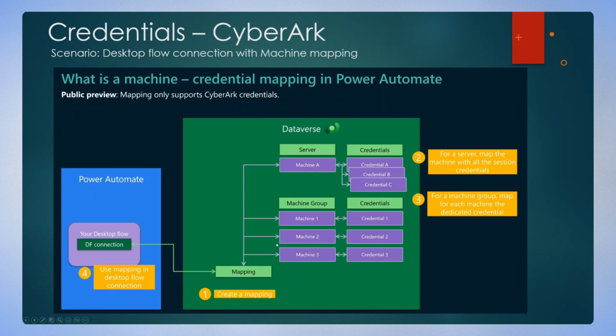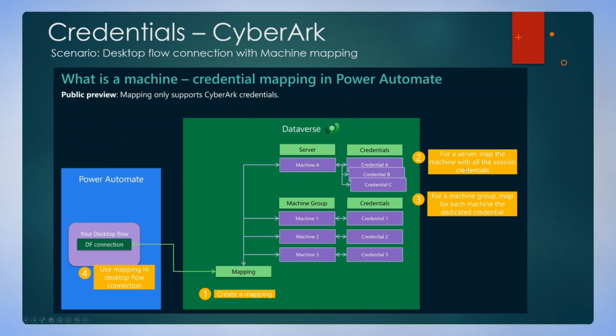One, you can create a mapping for a particular machine or a server in this case that can use any number of credentials for its automation. It could be for a machine, or it could be for any of your systems of record, or any combination thereof. So that could be one mapping, the mapping-based credentials that you can use in that situation.